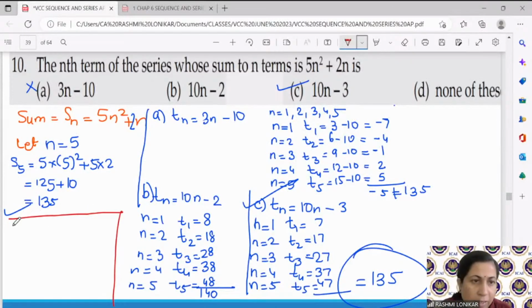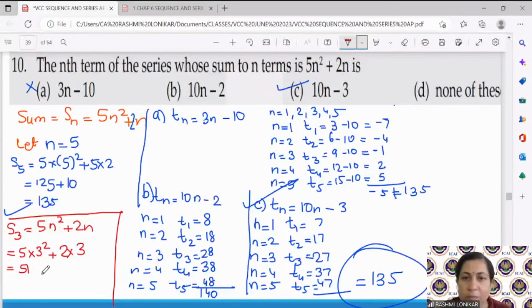What if I had taken n as 3? So what would have been S3? It is 5n square plus 2n. So this is 5 into 3 square plus 2 into 3. How much is 3 square? 9, 9 fives are 45. 45 plus 6 is 51, right?